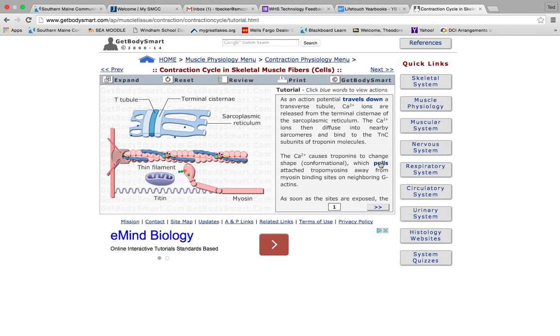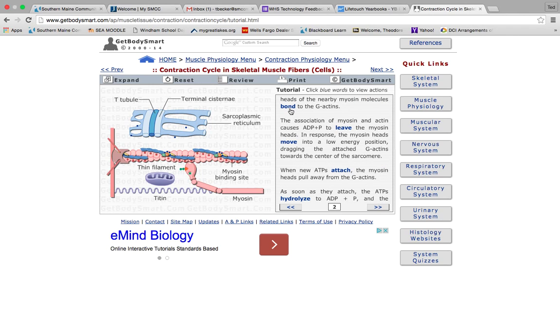Okay, when those calciums attach there, that pulls the tropomyosin away from those myosin head binding sites. So see how those are open now? So the calcium attached to the troponin, that troponin pulled the tropomyosin away from the myosin head binding sites. As soon as those are available, the myosin head is going to bind to the myosin head binding site.